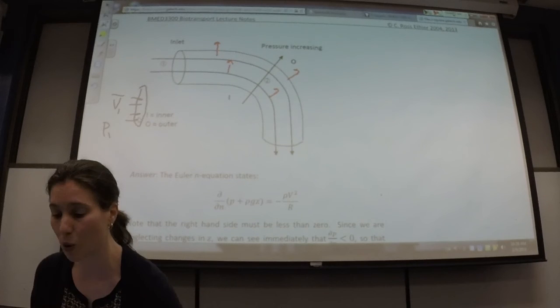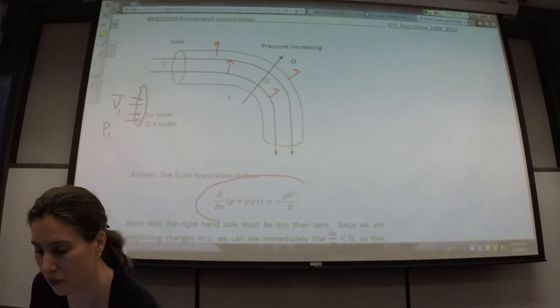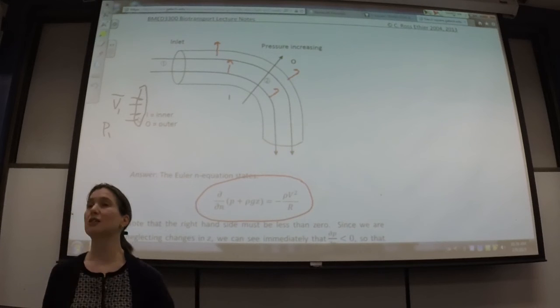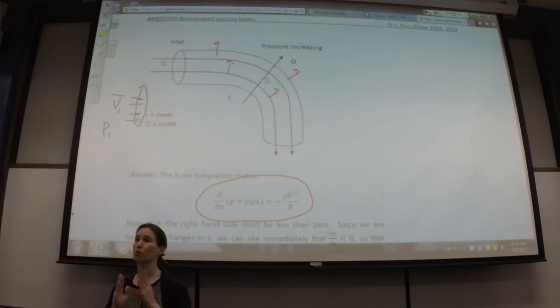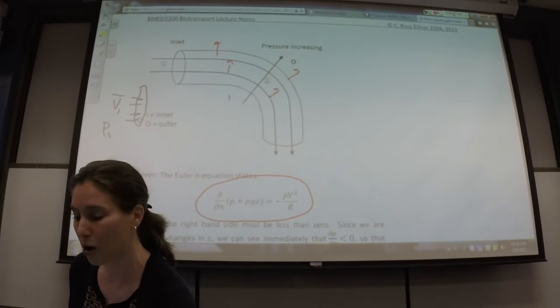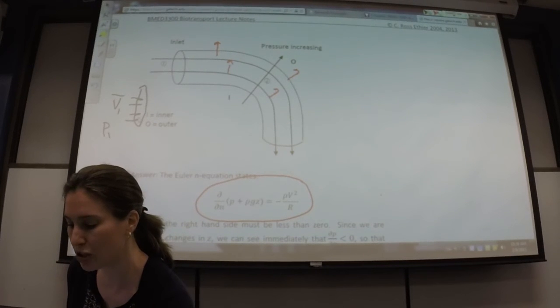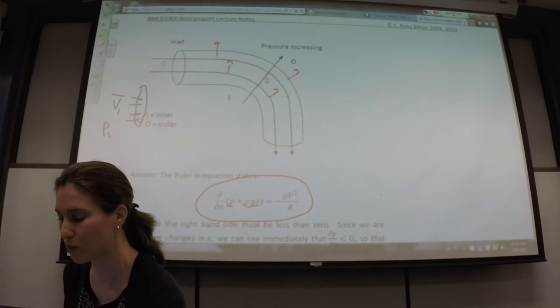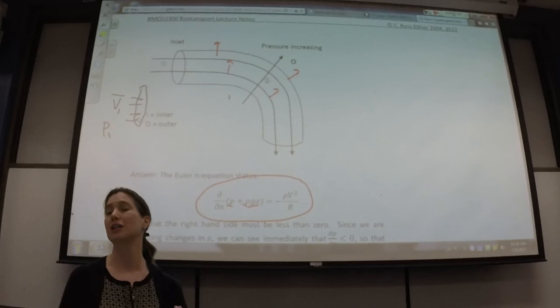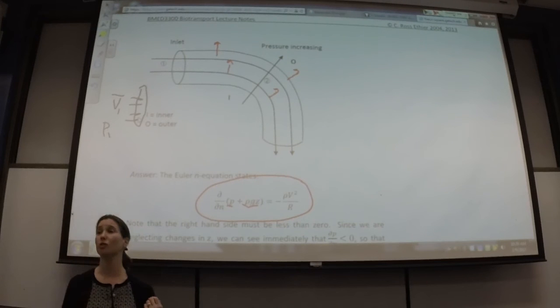So this Euler N equation here is looking at the partial derivative with respect to that direction. So if you want to think about this in terms of your v sub x component, you're looking at what's happening in the y direction, right? That's the same kind of idea. Here we've got our pressure and our rho g z, and we're going to say that's related to our minus rho v squared over r.